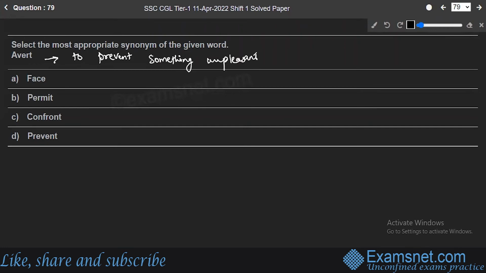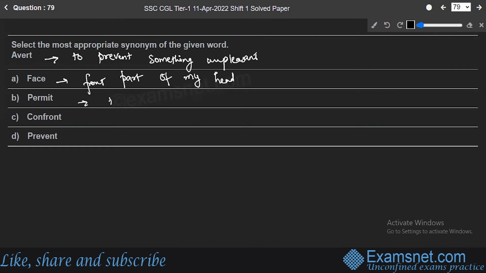Face, of course, you know, like when you're facing something from face to face, or literally, if I'm talking, this is the front part of my head.